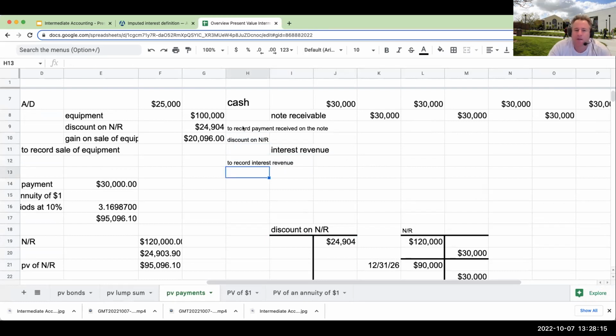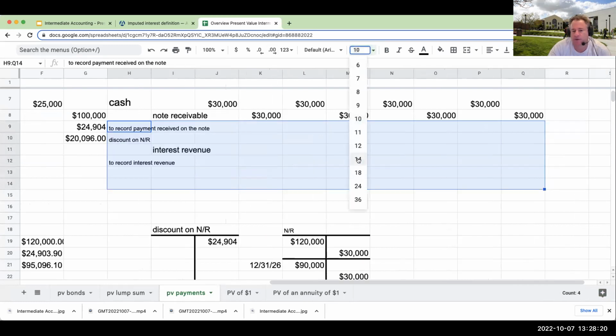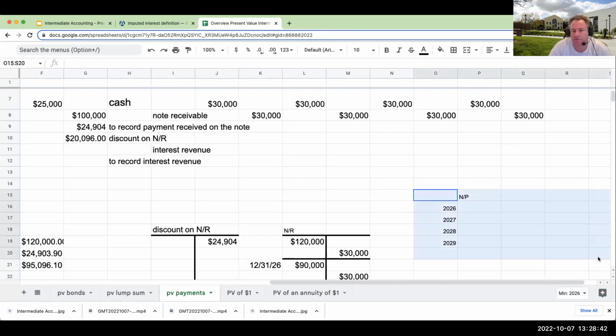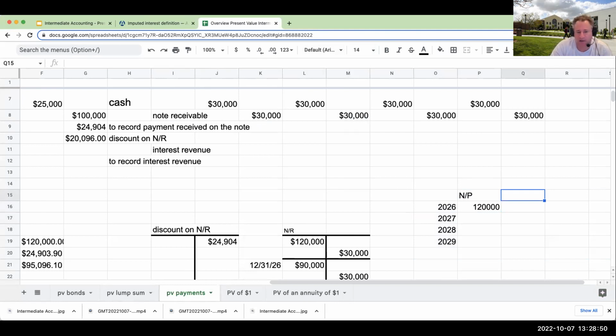So how do I record this? Let's try to figure this out. The interest revenue is always going to be based on the carrying value of the note. Here in year one, which is 2026, my note receivable at the very start has a value of 120,000.